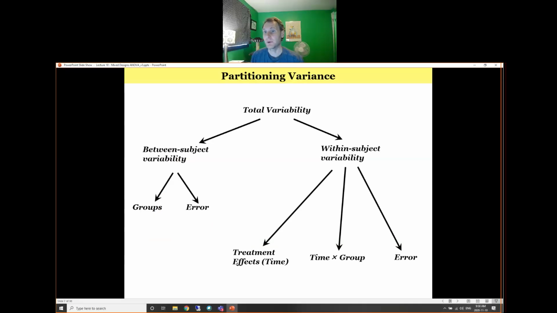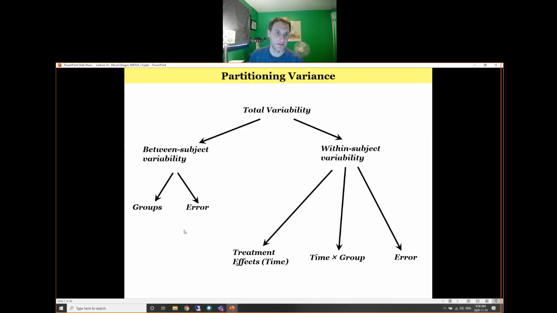As always, we need to partition our variance, right? We have a total amount of variability in PTSD symptoms. Not everyone has the same number of symptoms. What we're trying to do is partition that variance into its various components. The first is between and within. Between is, do people on average vary in the number of symptoms?